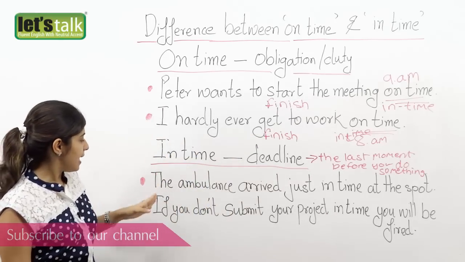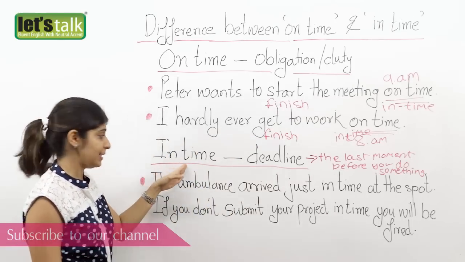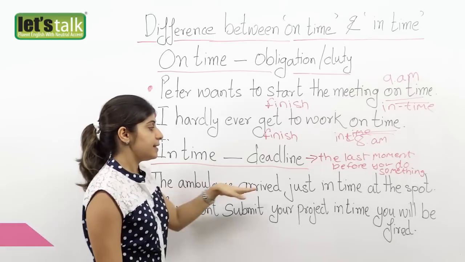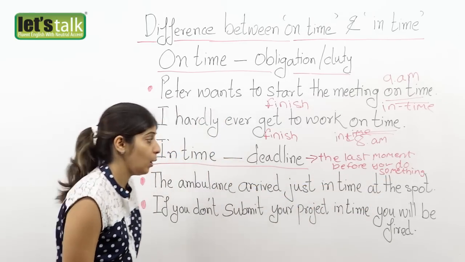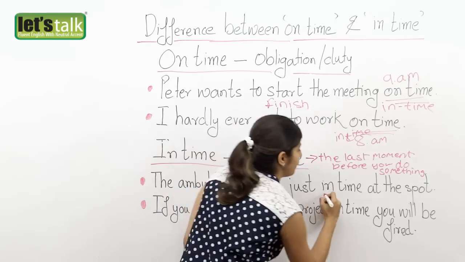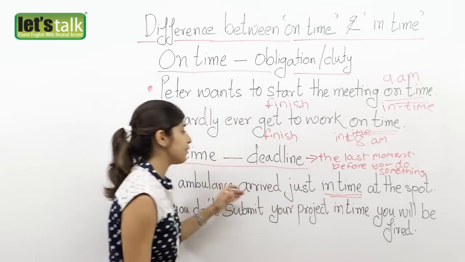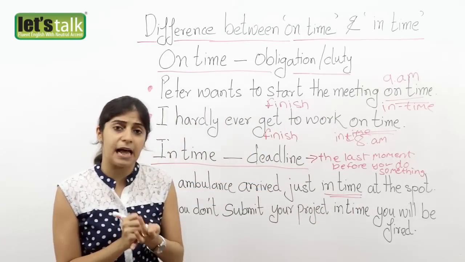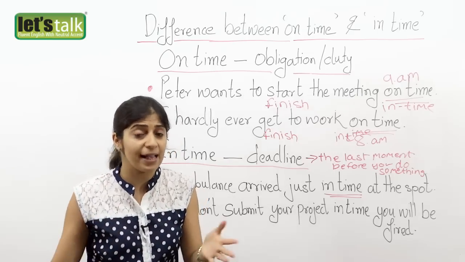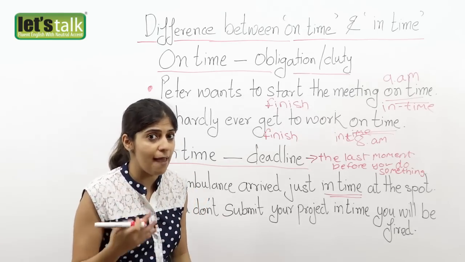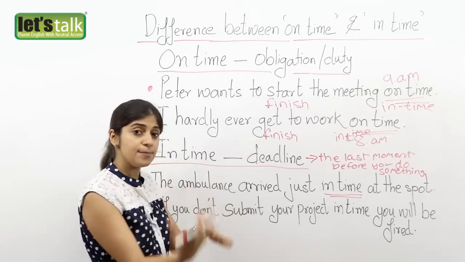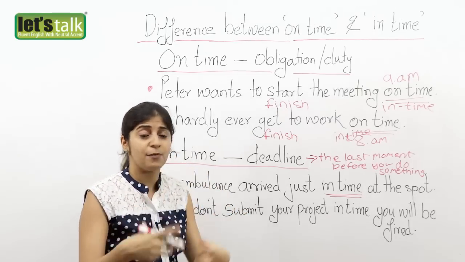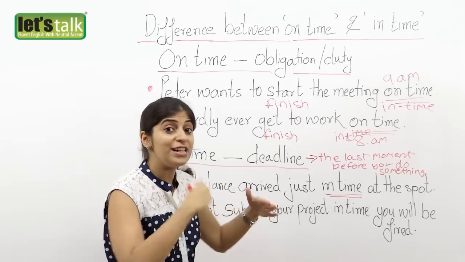Let's look at a couple of sentences here where we can use the words in time. The ambulance arrived just in time at the spot. Maybe there's this guy who fell from a bike. He had a big accident and he's gasping for breath. But here comes the ambulance, okay? The ambulance comes in and helps him with first aid, before it's too late.